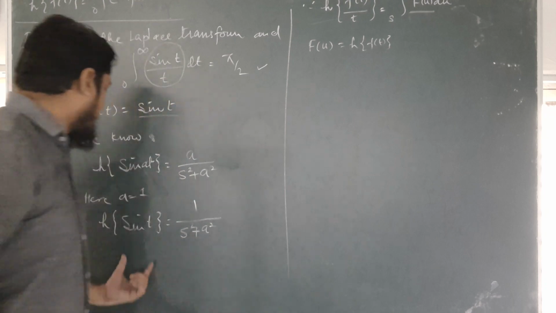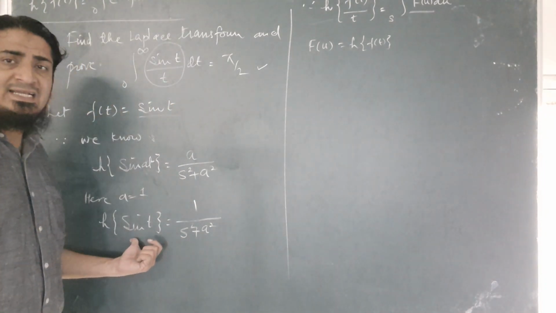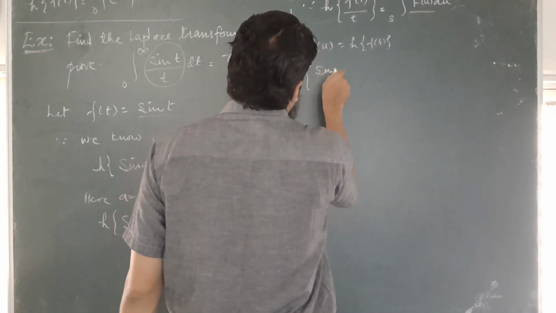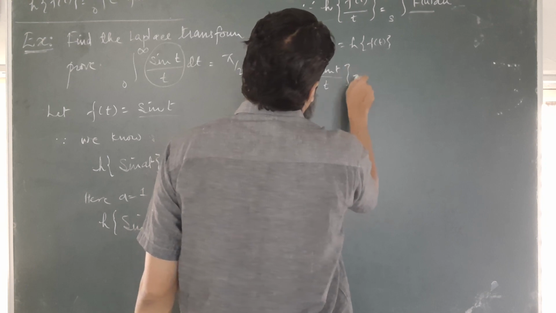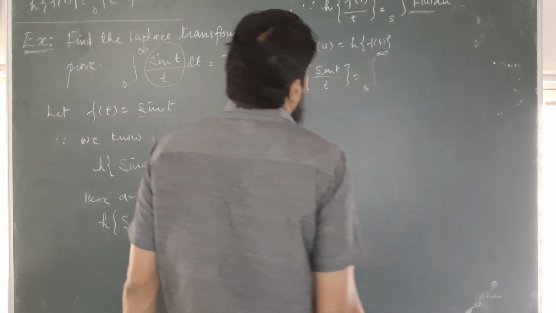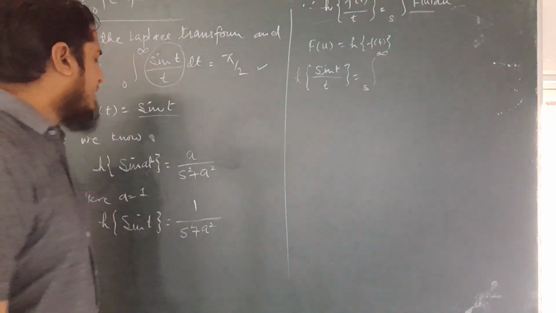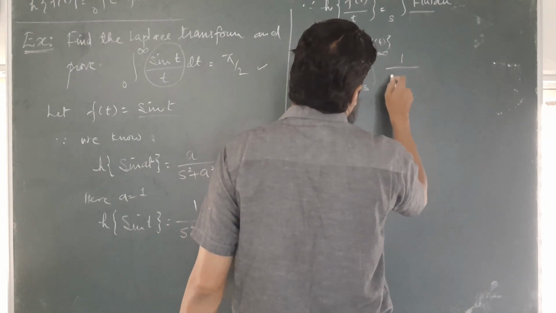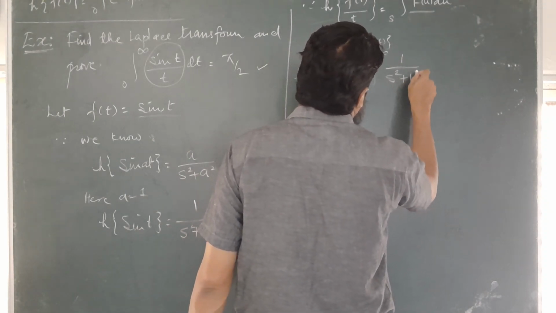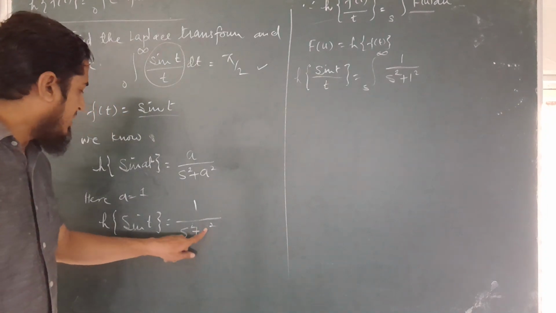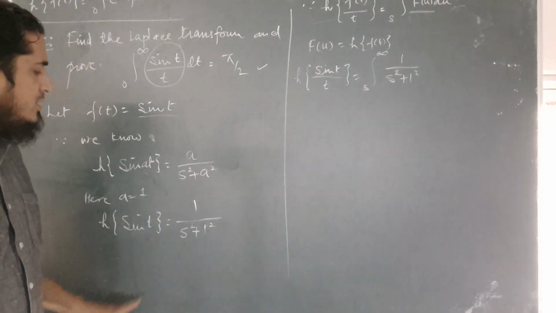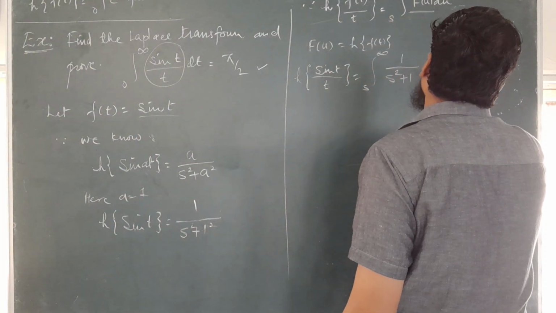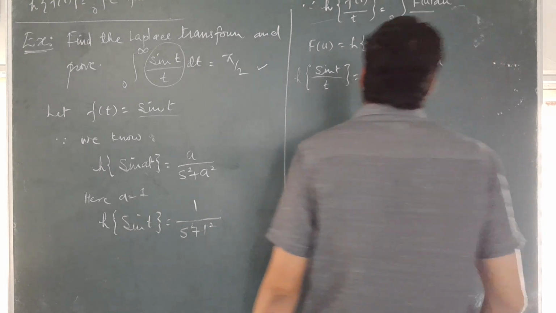Now, since the Laplace transform of sin t upon t will give us the integration from s to infinity of F of u du, we replace s by u and we get 1 upon u square plus 1 square du. Replace s by u.